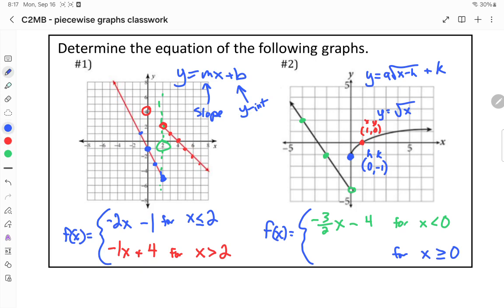But I am kind of familiar with the shortcut that, oh, that's a standard parent square root graph without a stretch. So the a value is going to be 1 here. So I can just write square root of x minus 1. Again, that's because the h I know is 0. The k is -1, and the a value will be also 1, so no vertical stretch or compression.